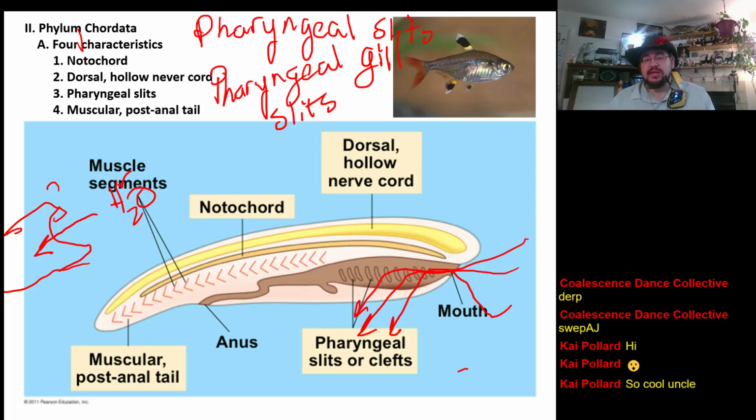And in chordates that don't actually have slits, like us, right? You see the pharyngeal slits appear during embryonic development, but then they fuse into other structures, like the ear.